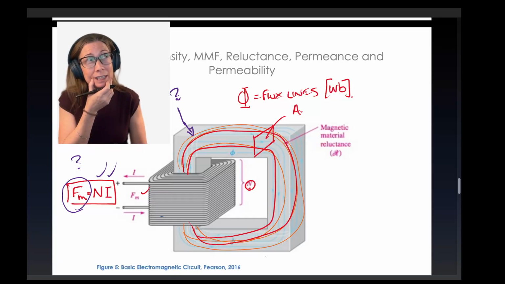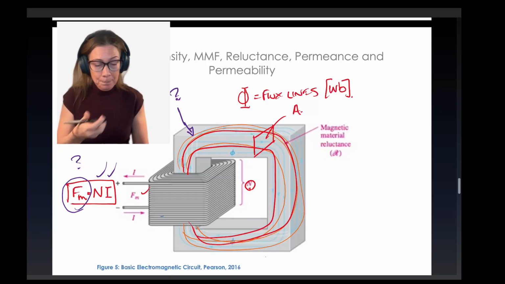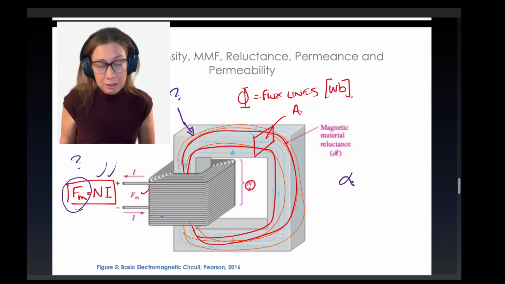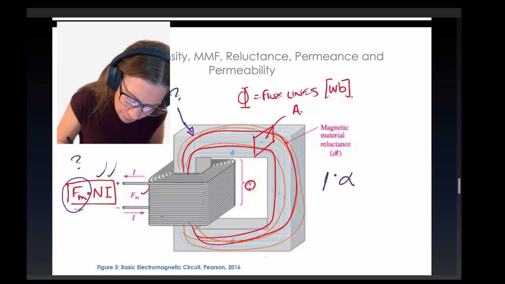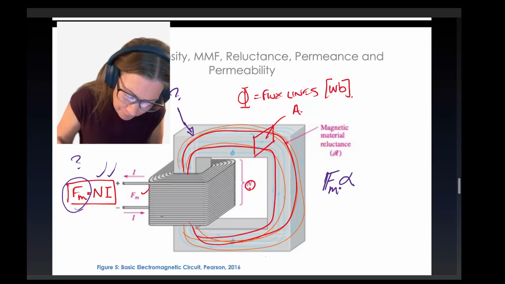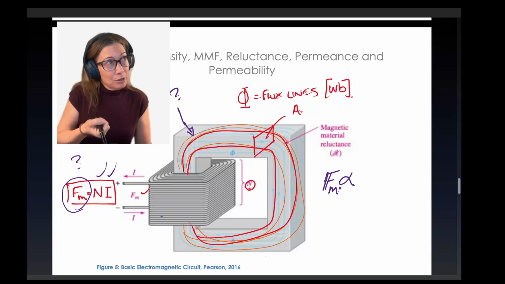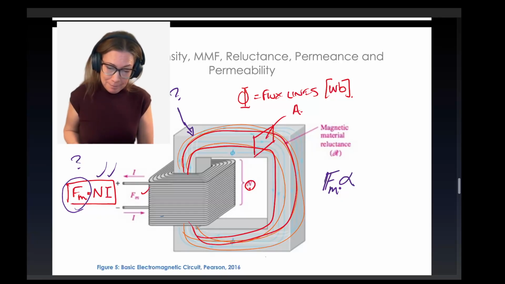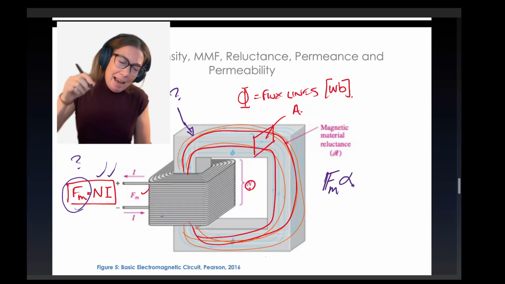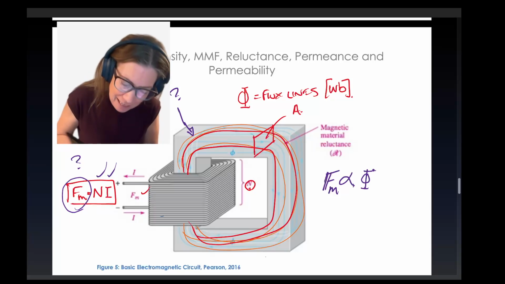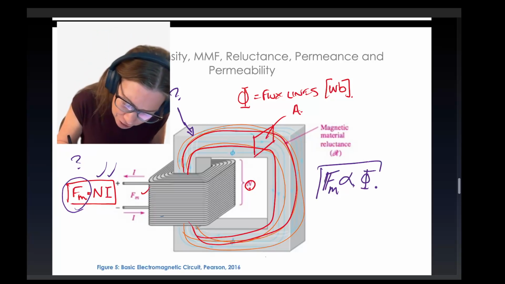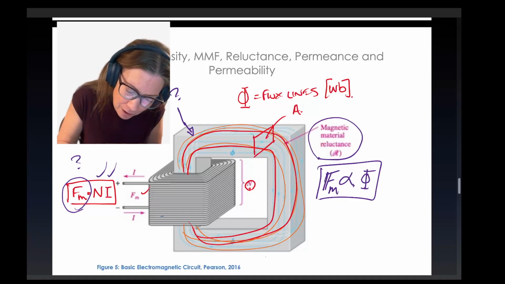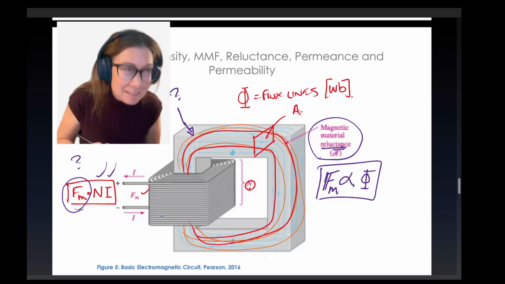So there is a direct relationship, and this is a mathematical symbol for direct relationship, between the amount of force that got induced by the coils of current and the amount of flux that actually gets developed. That relationship depends on this material, and it depends on the reluctance of that material.